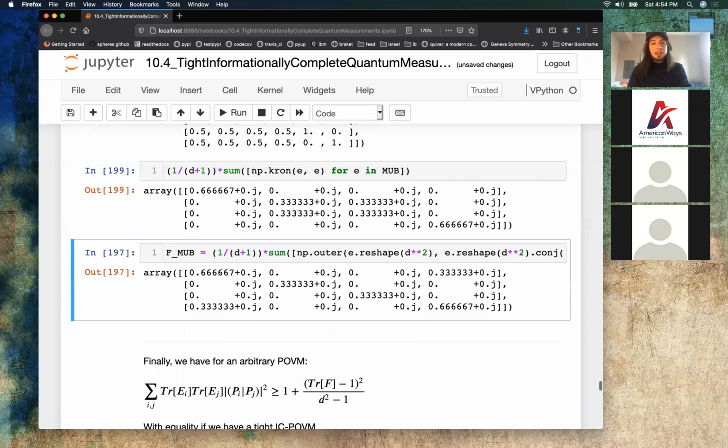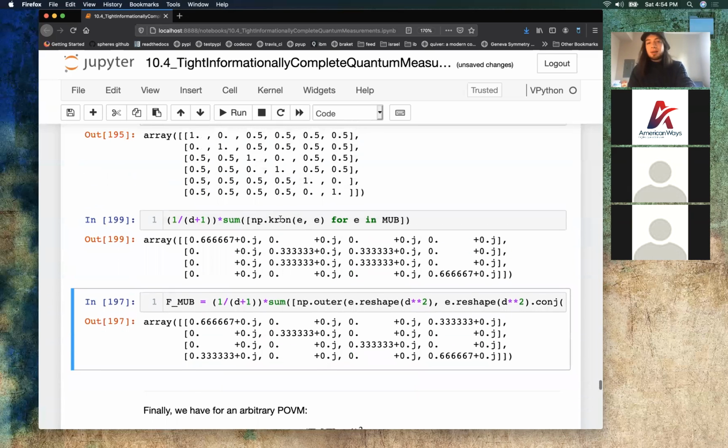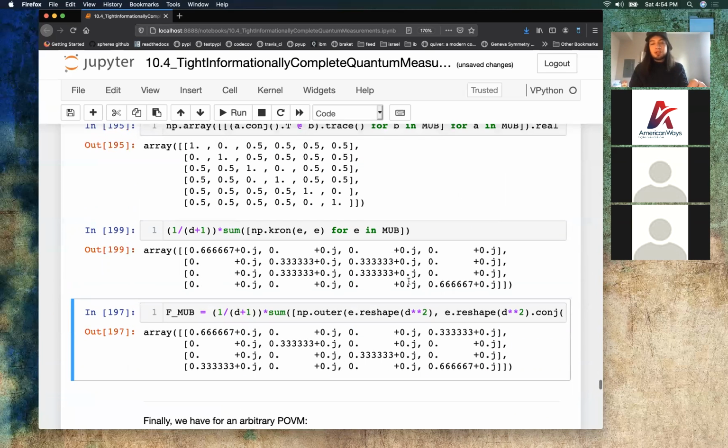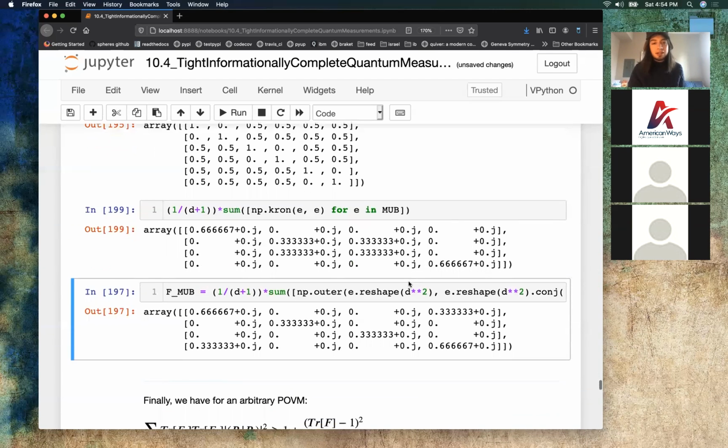And indeed, if we take the tensor products of each element in the MUB with itself, it too is proportional to a projector onto the symmetric subspace.